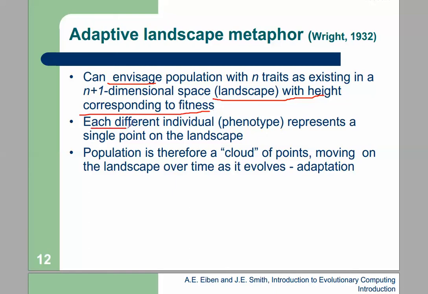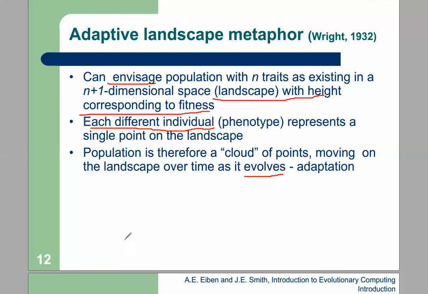Each difference in an individual is caused by a change in a gene or a change in the properties of the parents, and we want to evolve or adapt the population, or improve the population properties, to have a better individual.